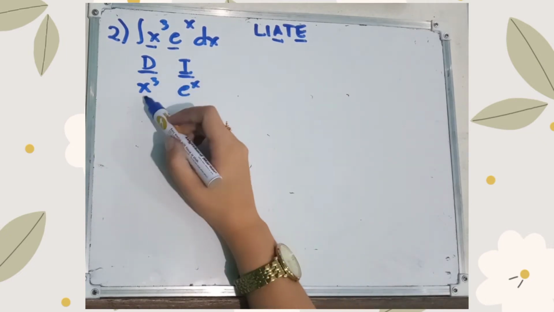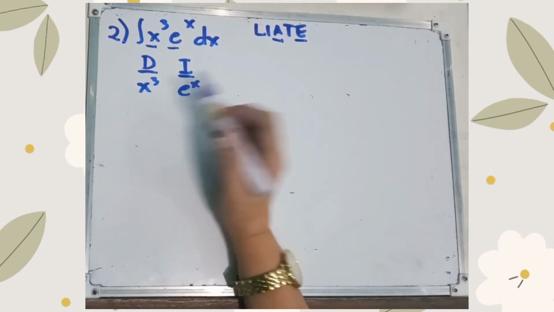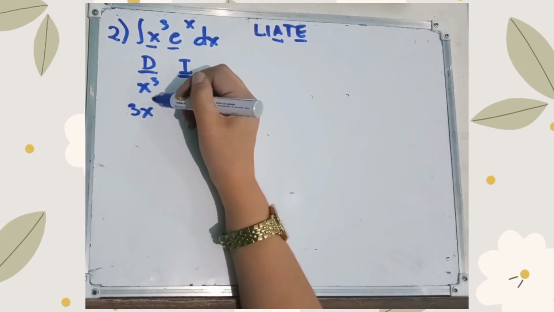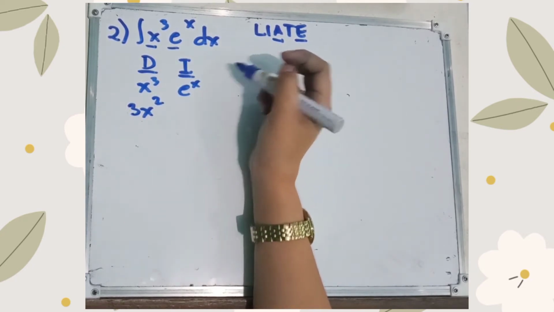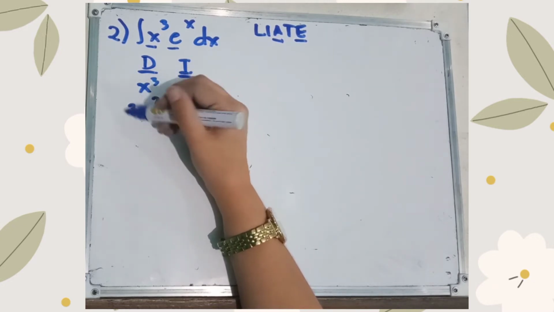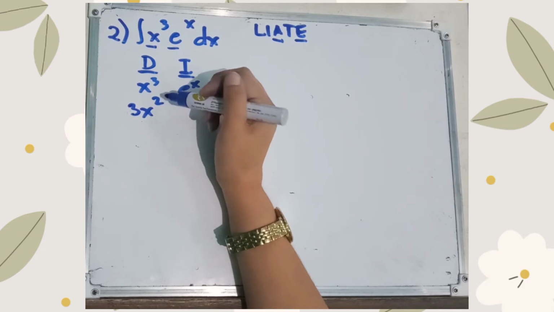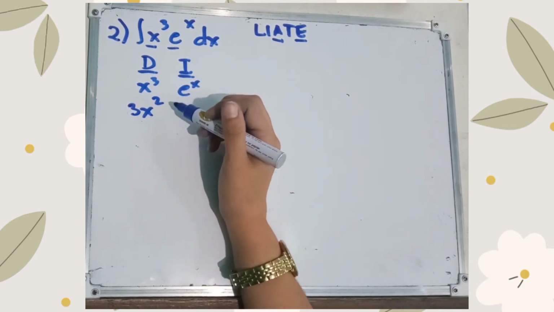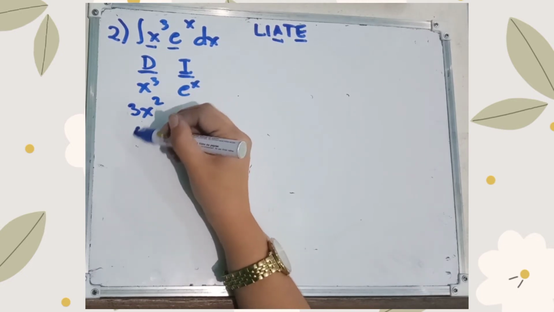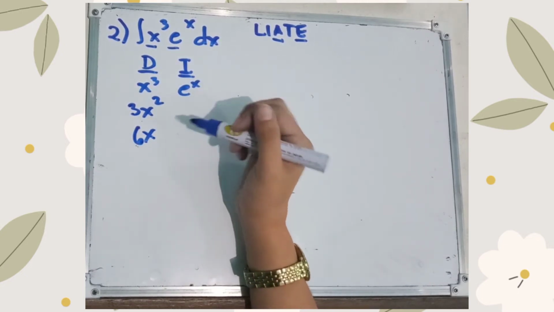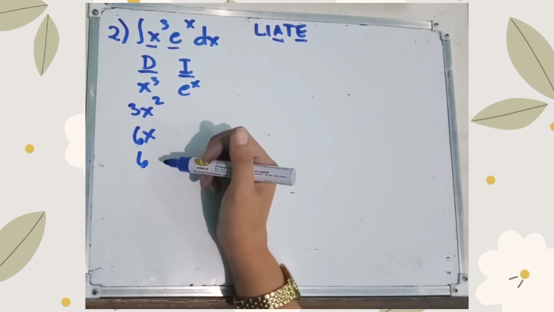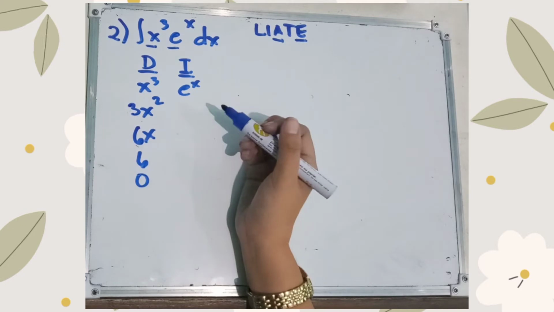Solving for the derivative of x cubed, that is 3x squared, since for the derivative we bring down the exponent, then subtract 1. Further solving, we will have 6x. Then the derivative of 6x is 6, and the derivative of 6 is 0.